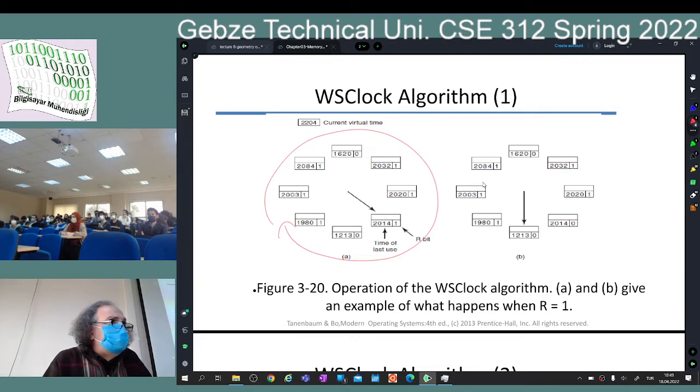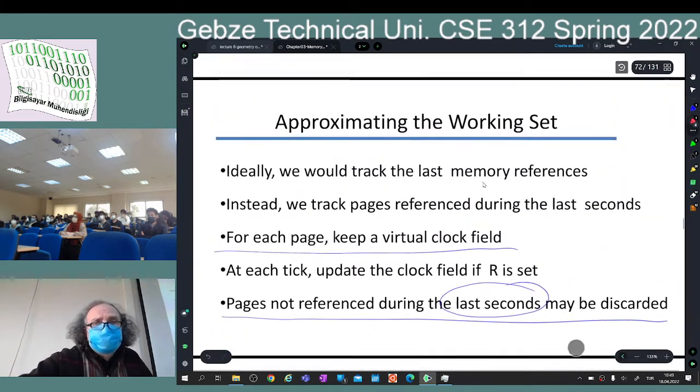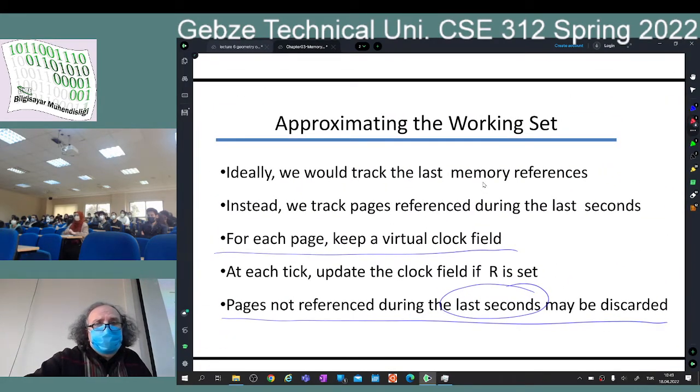During the clock interrupt, at each tick, I update the virtual time field where the R bit is set. What do I do with the R bit? Do I make it 0 or do I keep it as 1? I should make it 0, right?